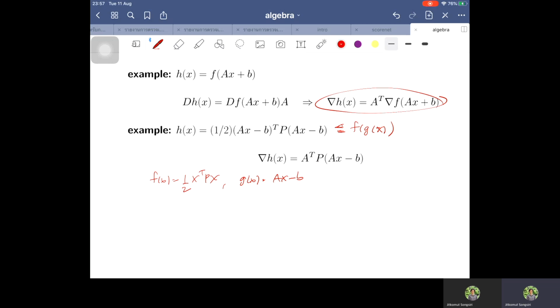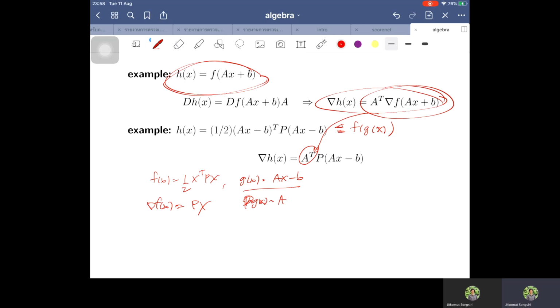If we apply the previous result that we just derived, the gradient of f, which we derived before, is simply Px, and the Jacobian of G is simply A. Following this, the gradient of H is A transpose times the gradient of F, so it's P, but it has to be evaluated at G, so it's going to be Ax minus B.